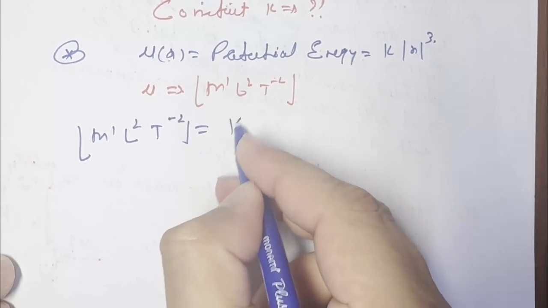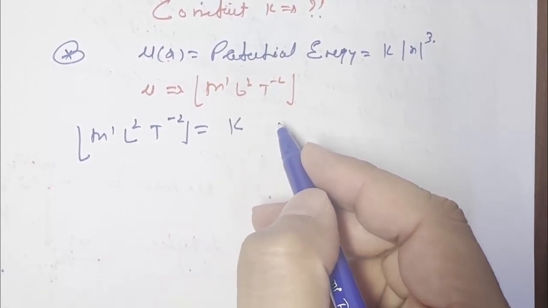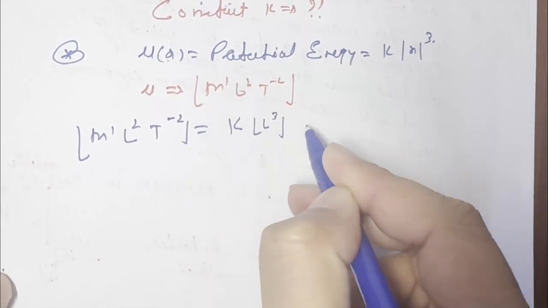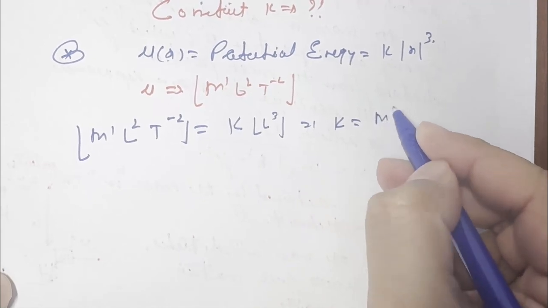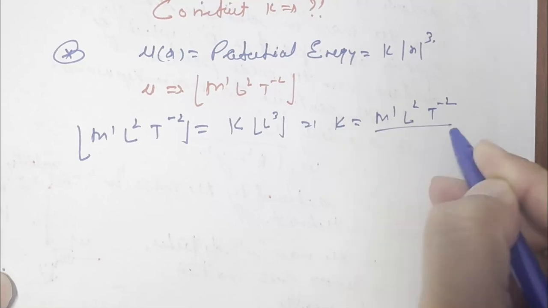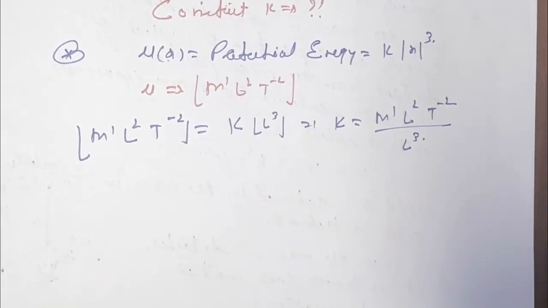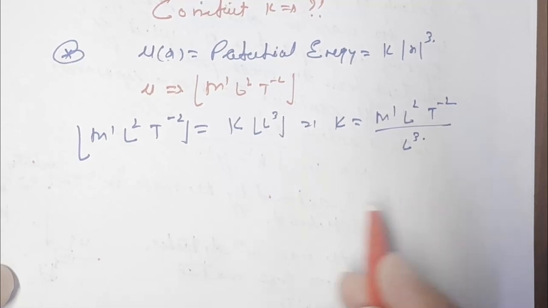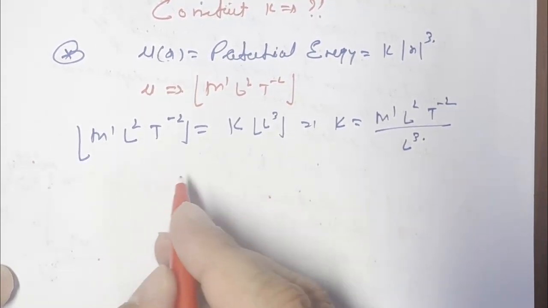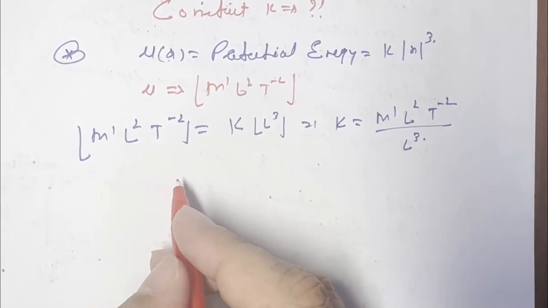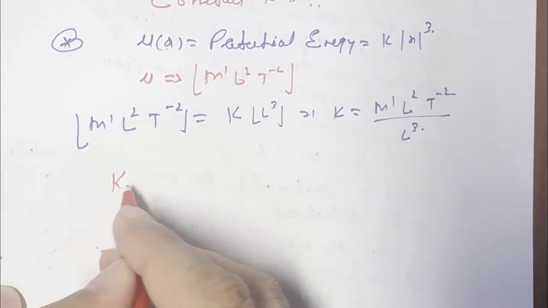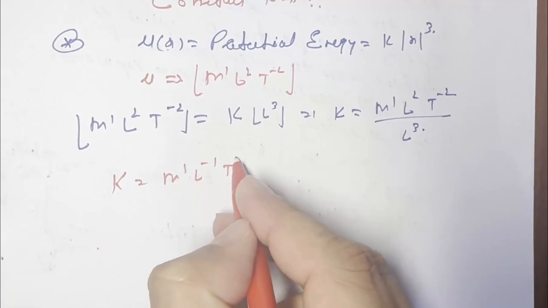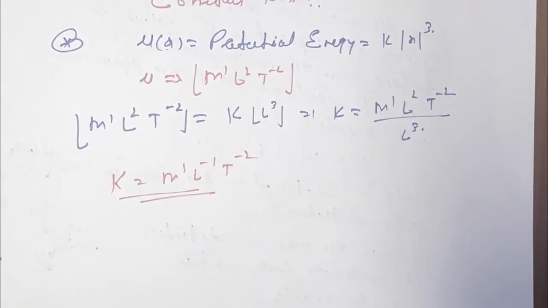Substituting, M1 L2 T minus 2 equals k times L cube, since x is the displacement. So k equals M1 L2 T minus 2 divided by L cube, which gives k equal to M1 L minus 1 T minus 2. These are the dimensions of k.